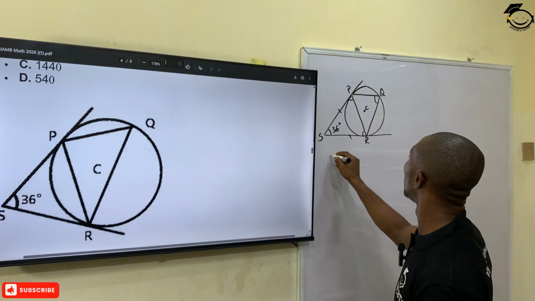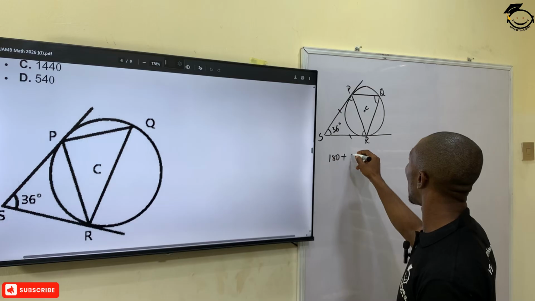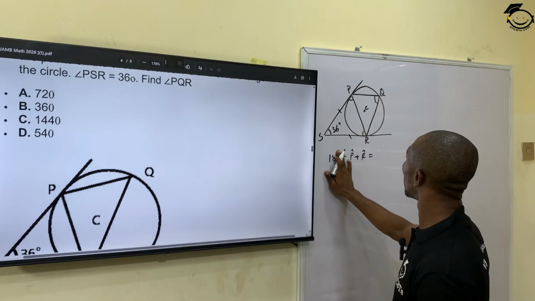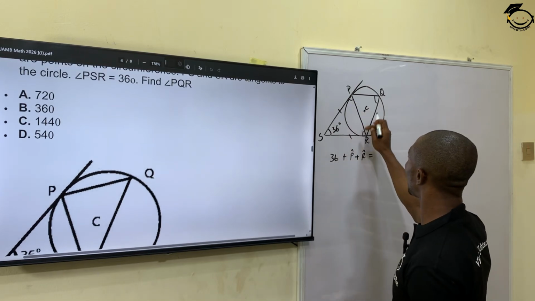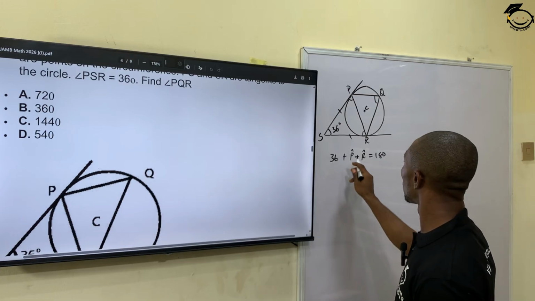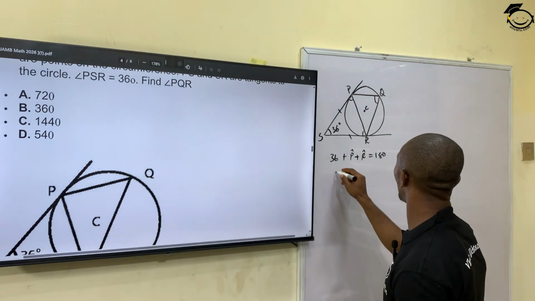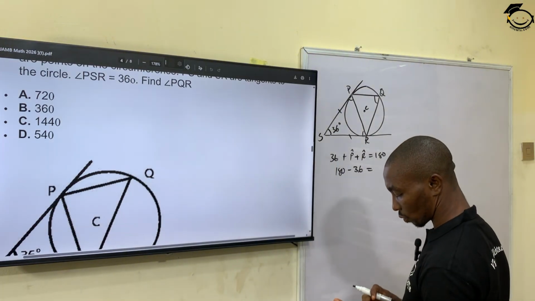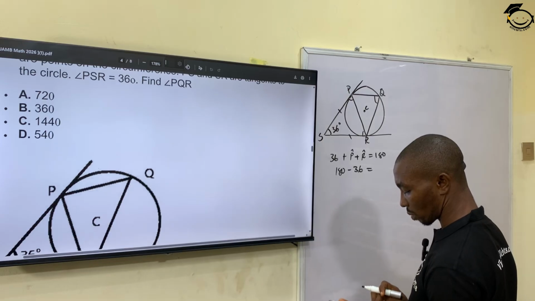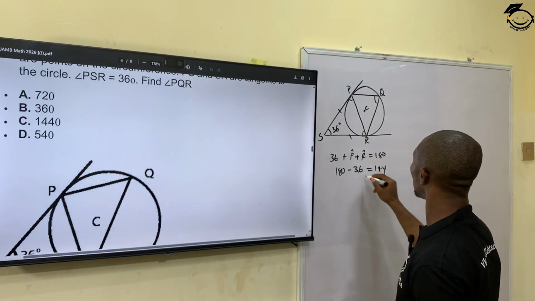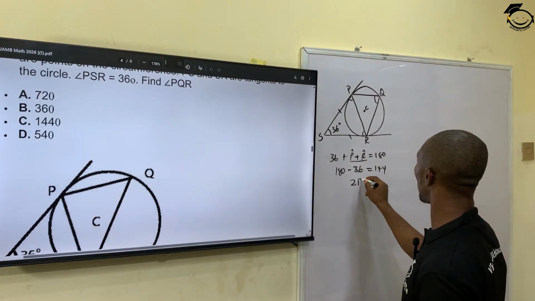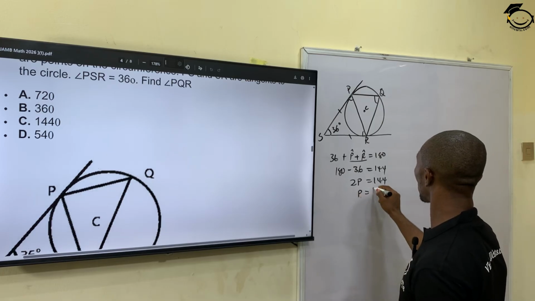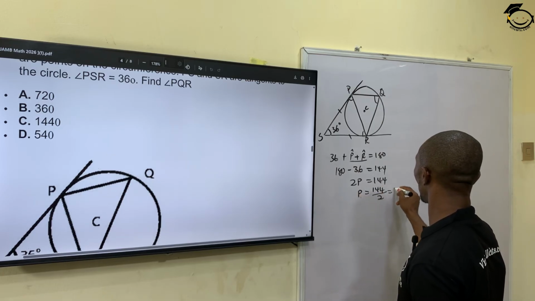So 180 equals 36 plus angle P plus angle R. Since these two are equal, this becomes 180 minus 36, which gives us 144. So 2P equals 144, so P equals 144 over 2, which gives us 72.